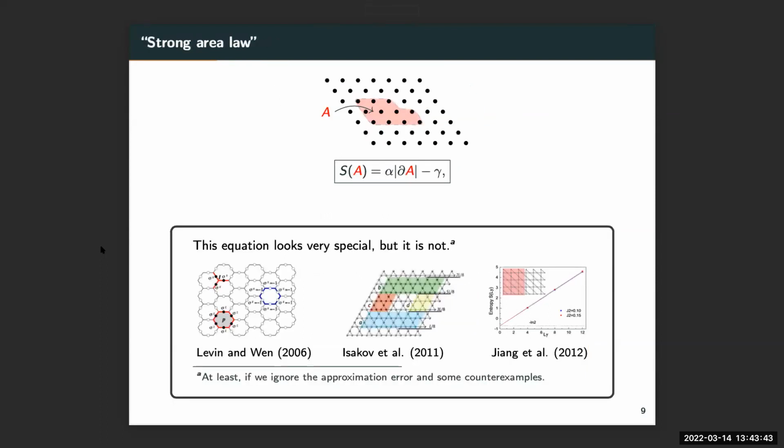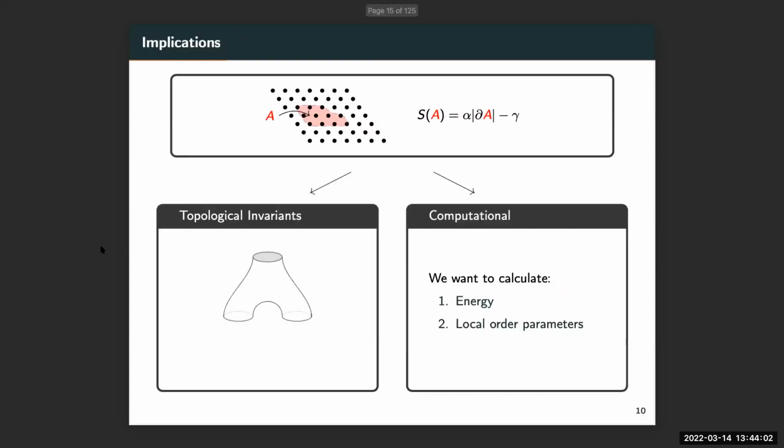But at the very least, even though there are counterexamples, I should point out that this equation has been studied pretty intensively in the literature, and at the very least, for a large class of physical systems that we care about, it seems to be a good formula. So that is our starting point. And in this talk, I'll mainly talk about two implications that we have explored so far in this program.